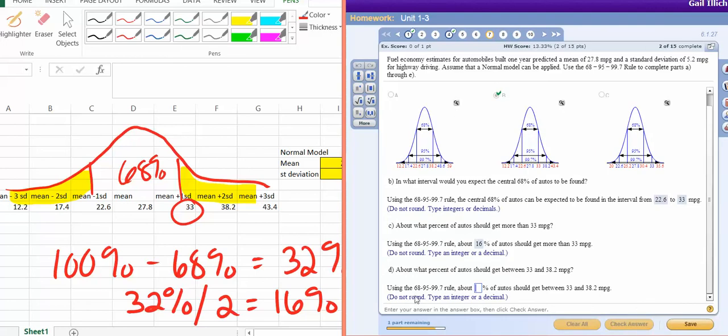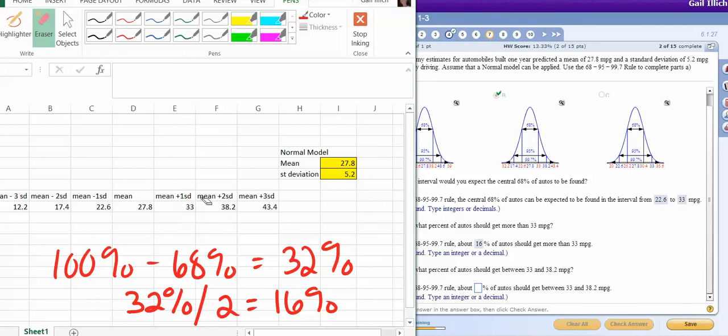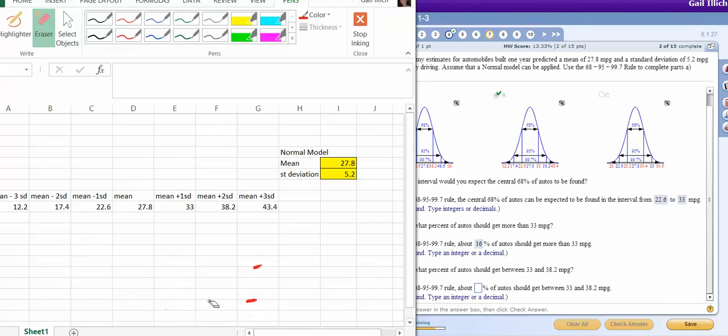And now it says, using the 68, 95, 99.7 rule, about what percent of autos should get between 33 and 38.2? Okay, so let's look at our model again, and I'm going to erase again because I have to do some new thinking. I always start by drawing the picture. Here's my mean. I keep hoping my normal model gets better. Oh, it's getting worse.